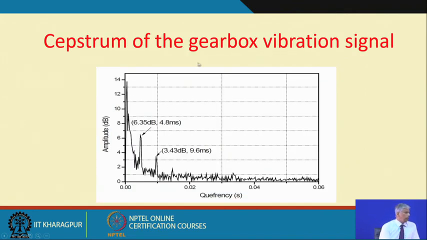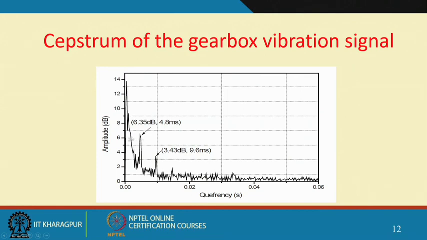So, to detect the particular gear, all you require is the cepstrum analysis given in Q frequencies, and if you see 4.8 milliseconds or 9.6 milliseconds and there is an amplitude, this means the gear which is having a time period of 4.8 milliseconds is severely getting affected.